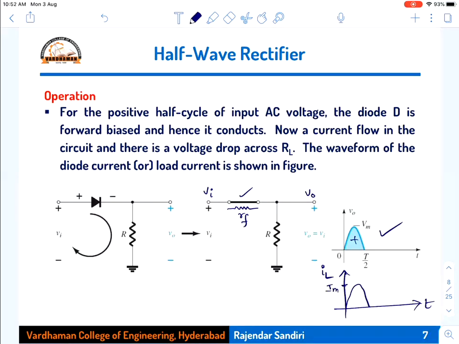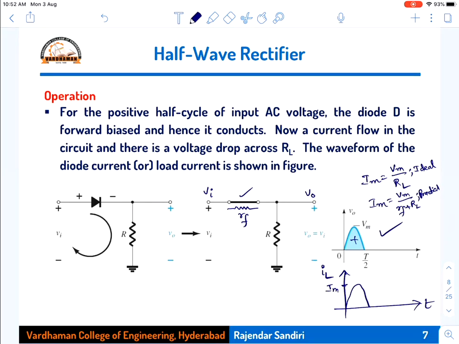But you should know the relationship between Im and Vm. Im is equal to Vm by RL if the diode is ideal. An ideal diode does not have forward resistance, Rf is equal to 0.